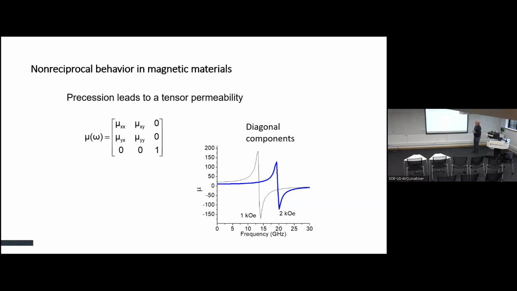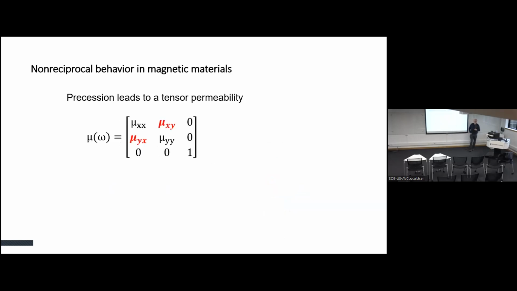Great. And as we often know, something interesting at least happens near resonance. But there are also these off-diagonal components. And mathematically, these, the off-diagonal components, are the things that control that non-reciprocal behavior. Without them, you do not get a non-reciprocal behavior, as it says there.